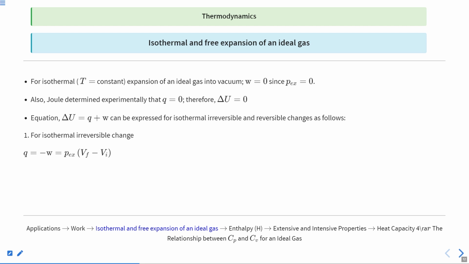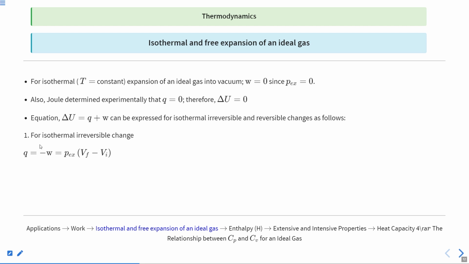You can do work using the reversible path, or by using an irreversible path. So if your delta U is 0 in one scenario, then it will be 0 in both scenarios, because delta U is independent of path. Therefore for both reversible and irreversible process, if it is isothermal, delta U is 0. Why it is 0 in isothermal process, we will discuss later.